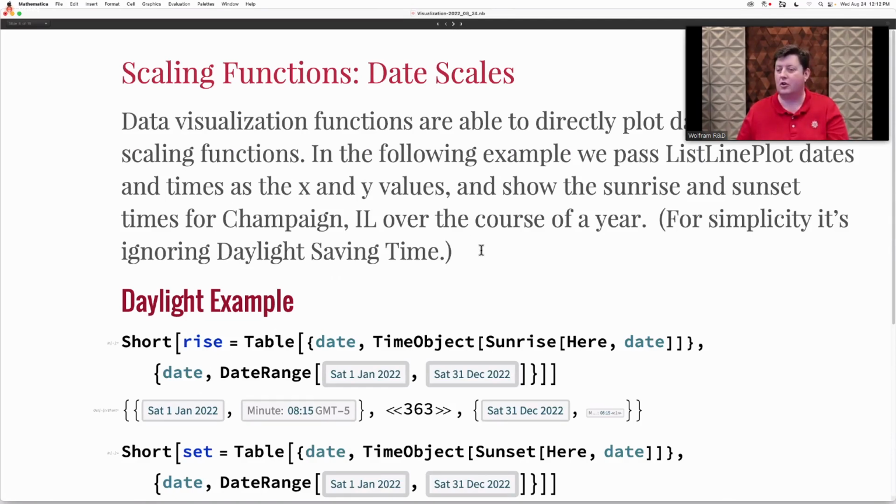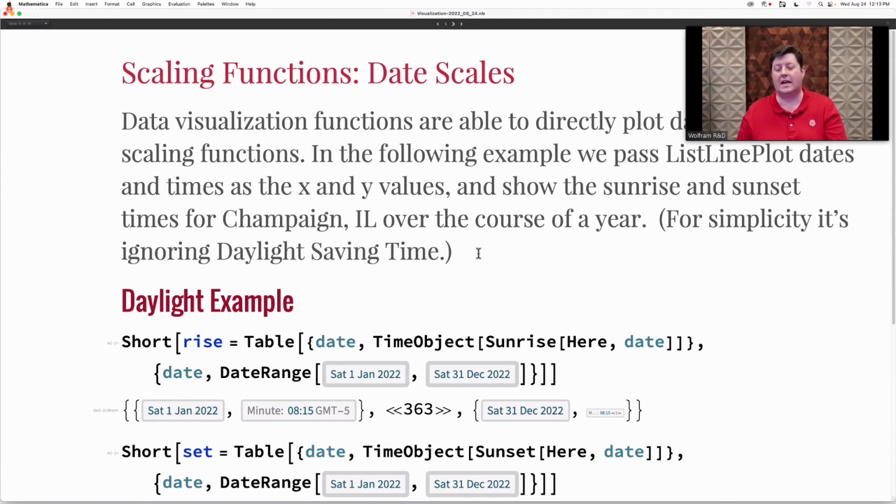Getting into the more exotic case, we are allowing dates to be used as scaling functions, to have date-based scaling functions. In the past, since version 6, we've had date list plot, and I think date list log plot probably got introduced in about version 7.